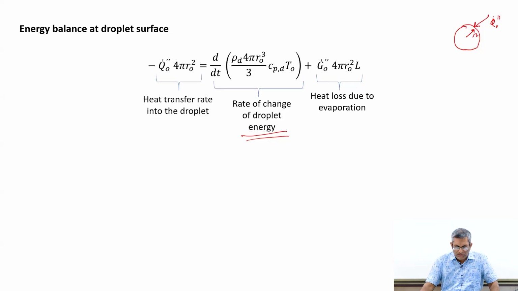Okay. So, now if you consider, let us say you have a heated droplet in ambient condition. Let us say the initial temperature of the droplet is 60 degrees and you have the droplet in room condition, then what will happen?